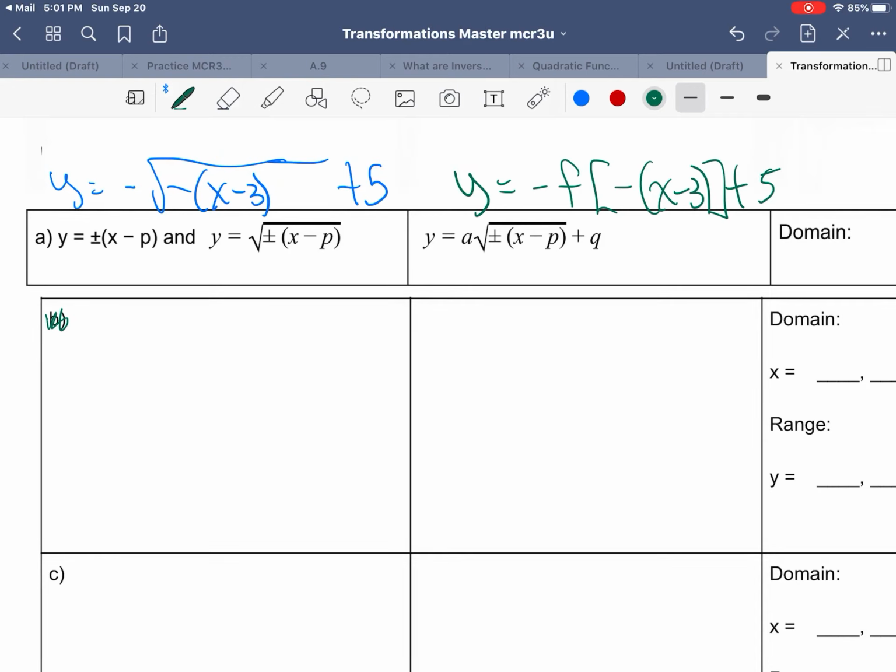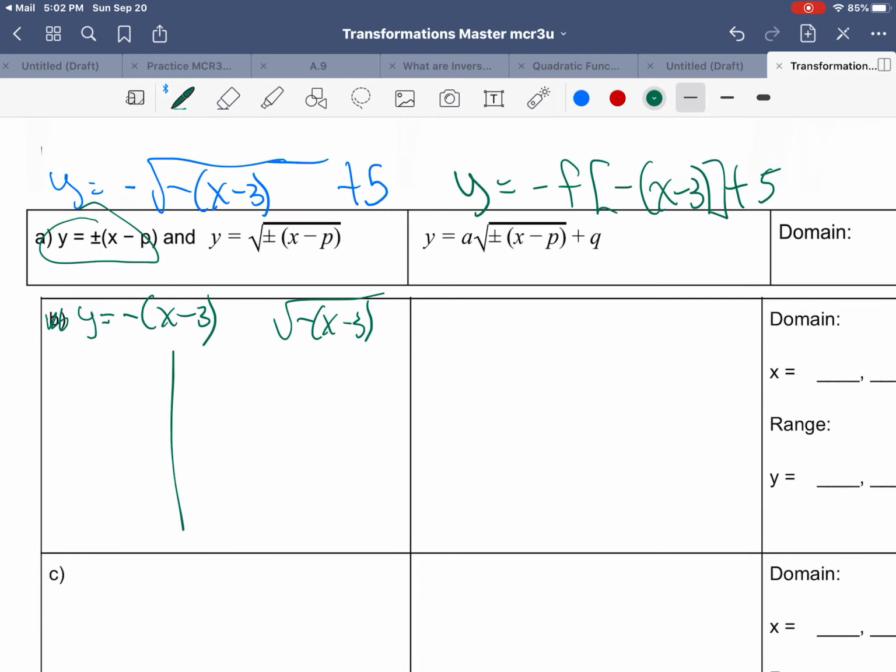So first thing we want to do here, folks, is graph the straight line, plus and minus x minus p. So for us, that's going to be y equals negative x minus 3. Okay, and then we're going to graph the square root of negative x minus 3.